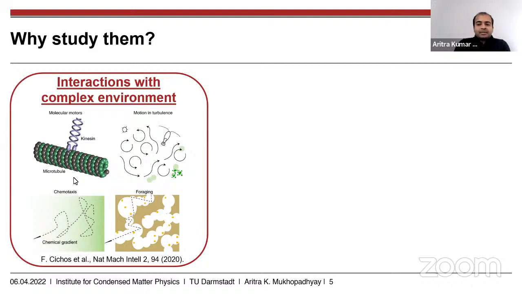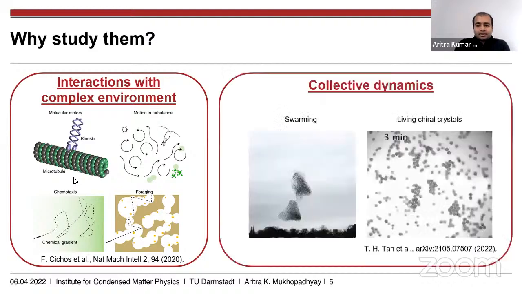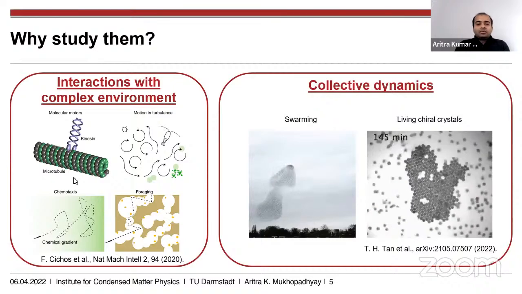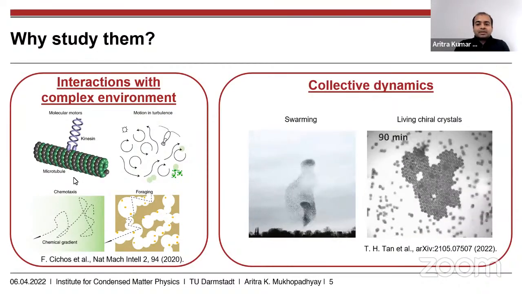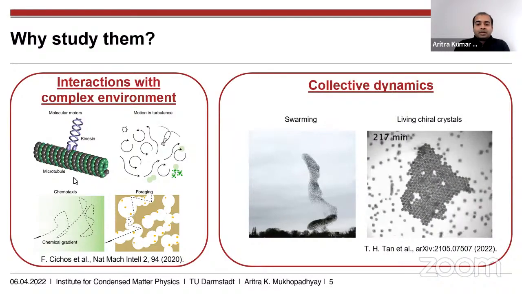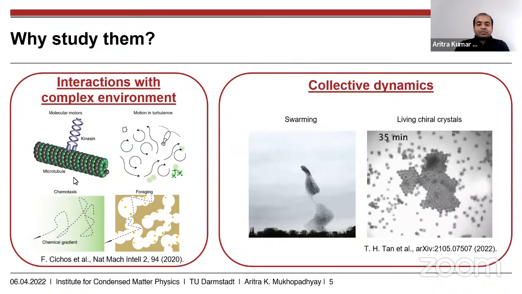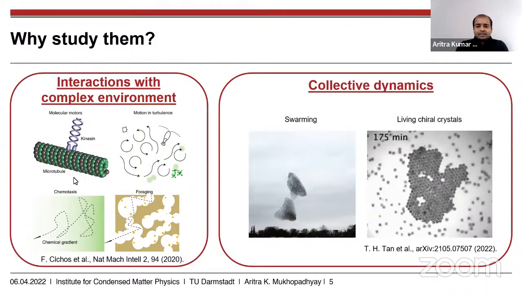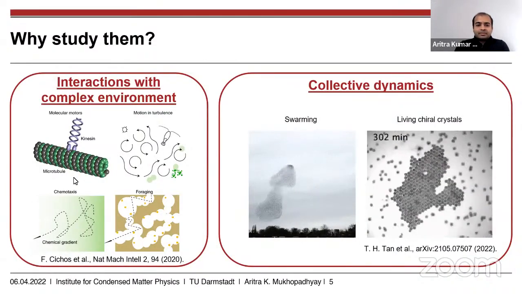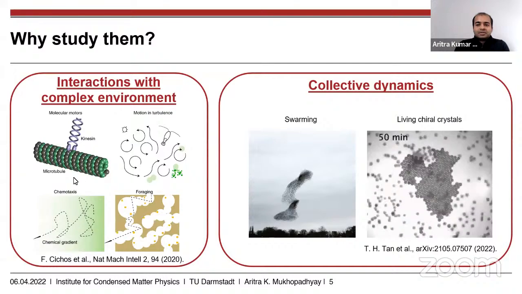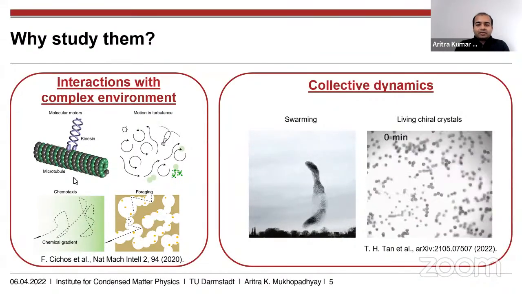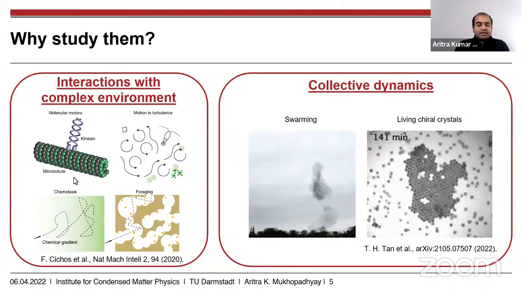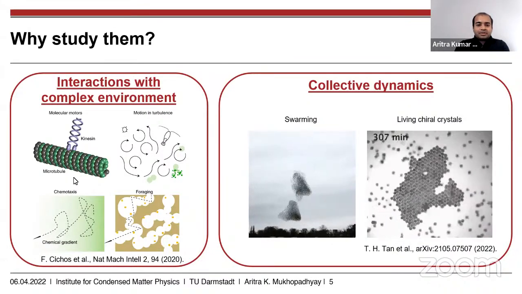Another important aspect is that these agents can not only move on an individual level, but they can also show fantastic collective dynamics, which is a kind of emergent behavior when they group together. For example, as we have maybe seen many times in many talks, in the swarming of birds, birds of a feather can flock together and exhibit very nice swarming behavior, as shown in this figure.